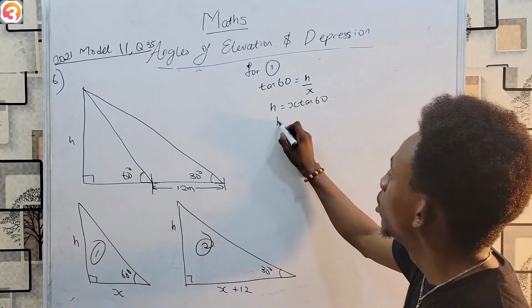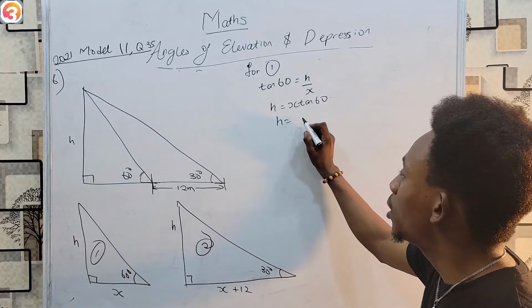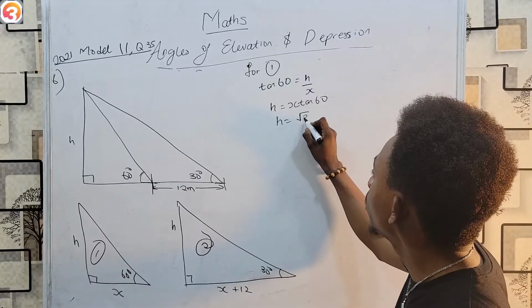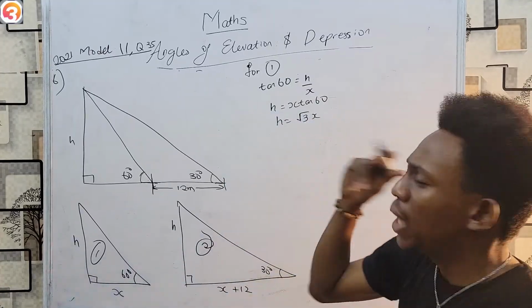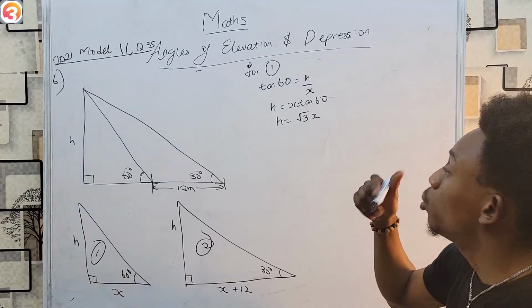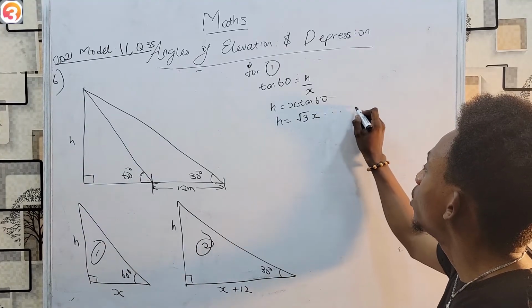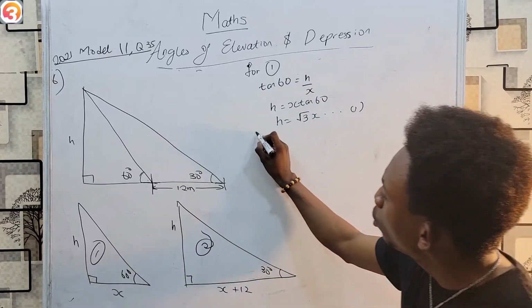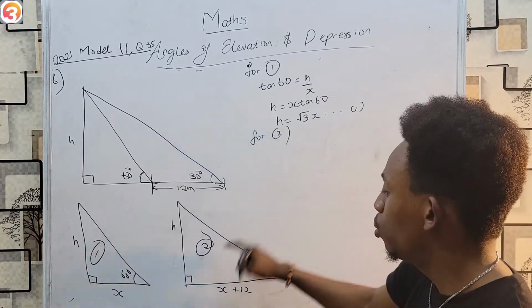And you should know that tan 60 is root 3. So h equals root 3 x. Now I cannot do anything more than this because these are two variables. So I can call this equation 1. Then I go to my second triangle, which is this.